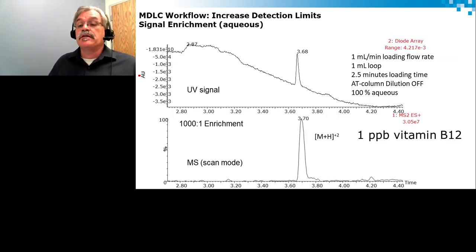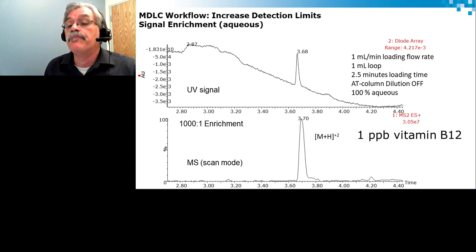The enrichment process here is actually quite interesting to look at. I set up a system that has both a UV detector for vitamin B12, and then I put the mass spec in series under scan mode. Usually PDAs will have a detection limit at around 1 ppm.